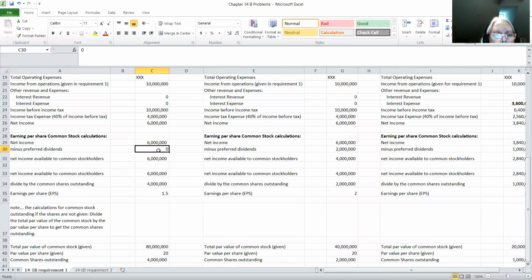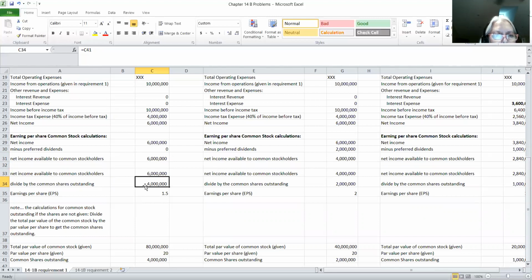We would subtract the dividends from the net income to leave us with what is available to our common stockholders. The net income available to the common stockholders then is going to be divided by the common shares outstanding. In this case, the common shares outstanding is 4 million shares.